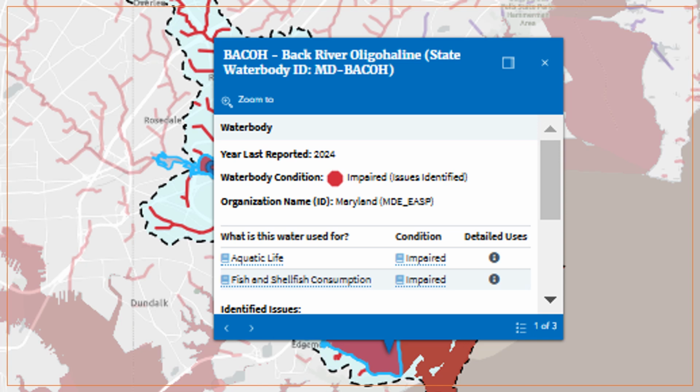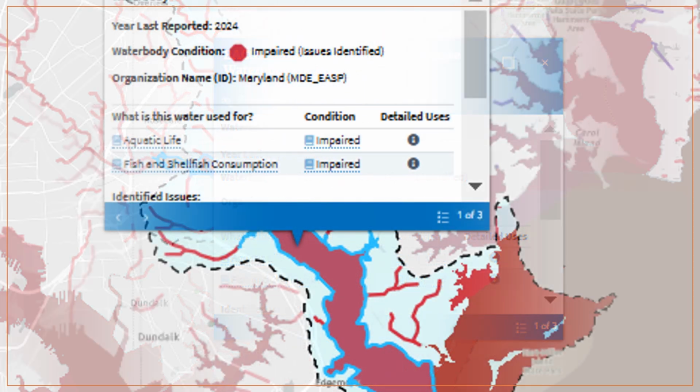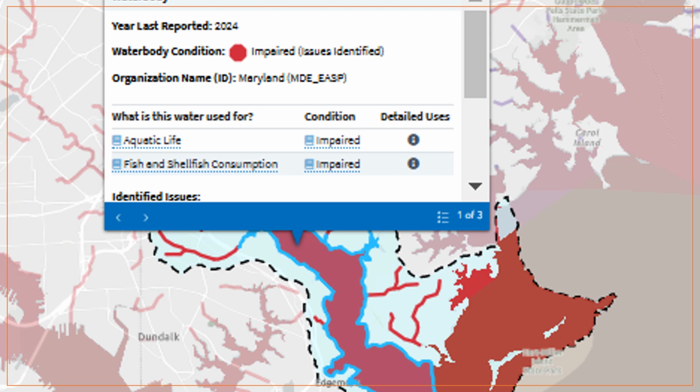But if I was to look at a different section in this river, or maybe in another river or lake or stream, it may not say good. Like I said before, not all sections are going to be good. Some sections are going to be good, and some are going to be impaired. For example, the water body condition of the section that's being pointed to in this shot is impaired.